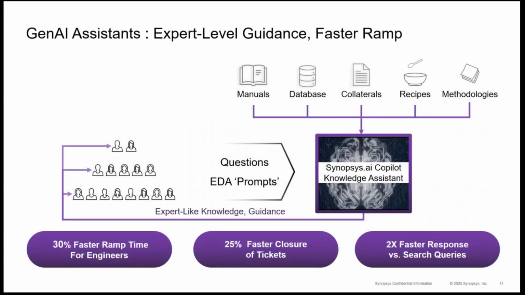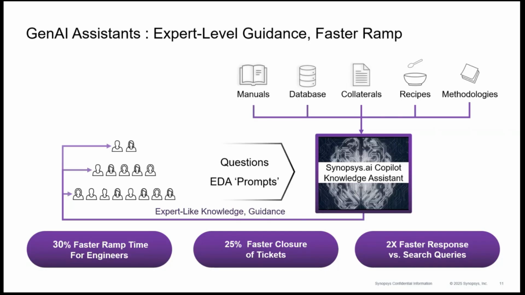But first, let me show you an example of how Knowledge Assistant has brought a lot of benefit to our customers. Knowledge Assistant is where the tool is able to provide expert guidance on the tools that we have in Synopsys plus the workflows. So here we see that Knowledge Assistant has learned from all the collaterals that are available, and any engineer can ask a simple natural language question, and Knowledge Assistant will be able to provide answers from the collaterals that are available to it.